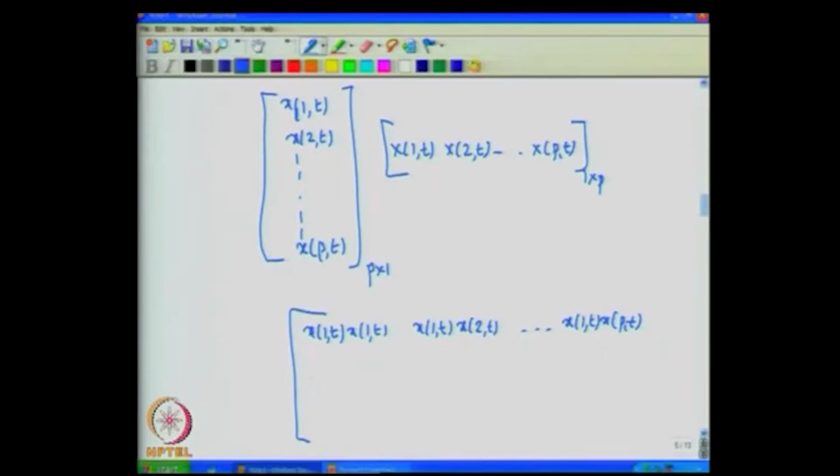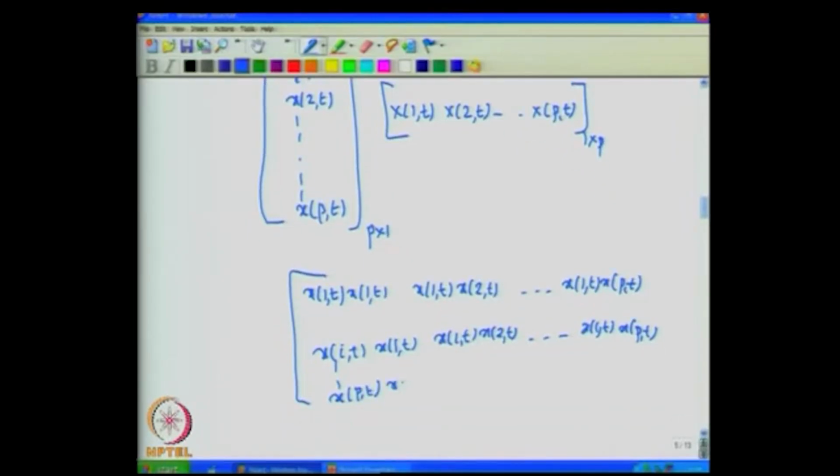Any ith row, if I want to write, will be x i t x 1 t, x i t x 2 t, etcetera, x i t x p t, and the last row is x p t x 1 t, x p t x 2 t, and so on, x p t x p t.